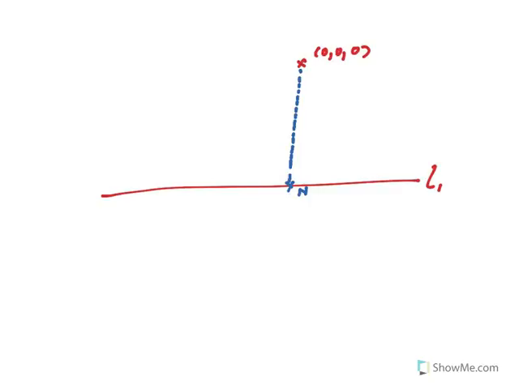The idea when finding the foot of perpendicular from a point to a line is, number 1, we try to express ON using L1.